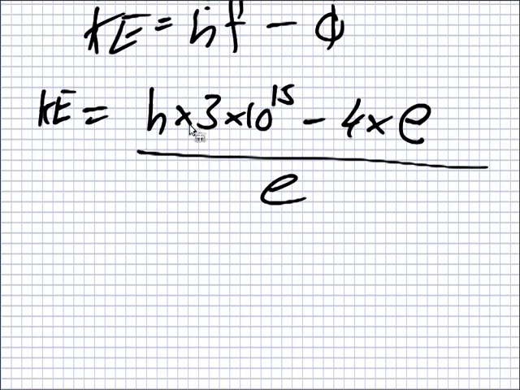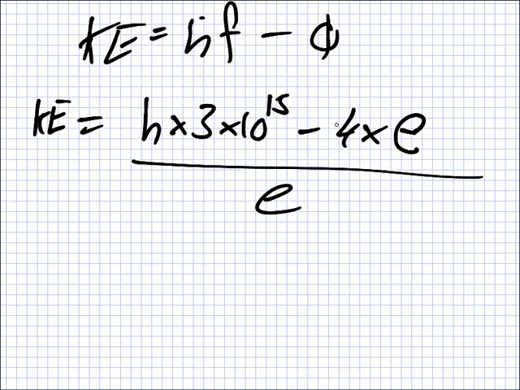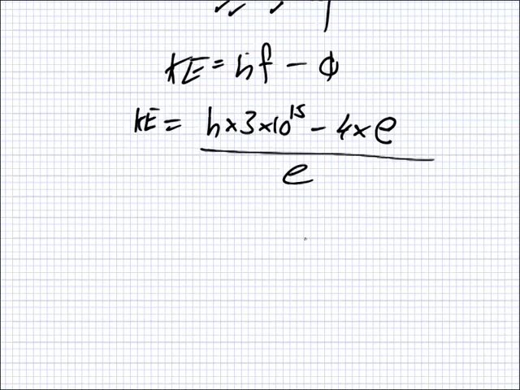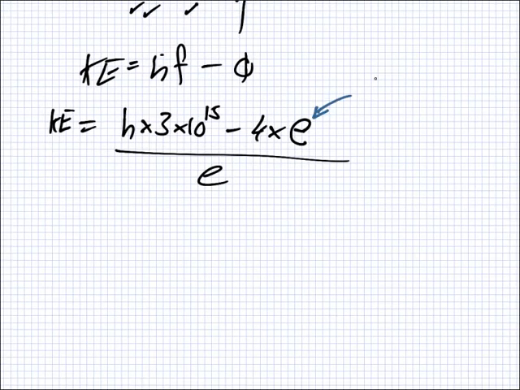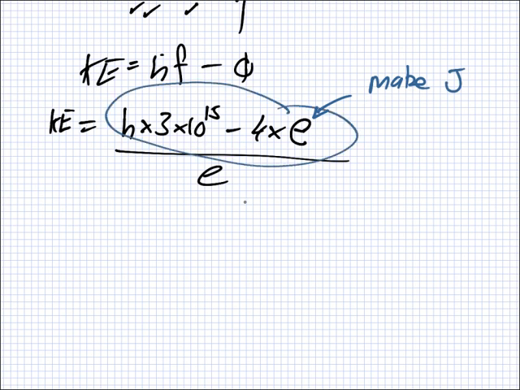Do we need to multiply E? Yeah. It's given in EV, have a look. So you make it joules and then make it EV again. Look, this one here is to make it joules, and then this one here is to make the answer EV.